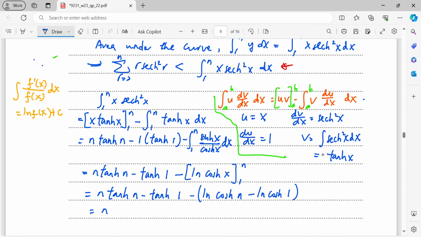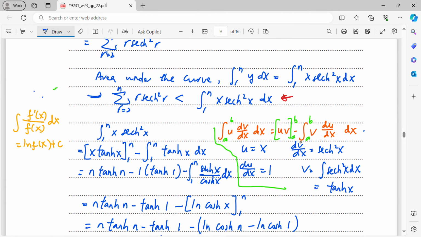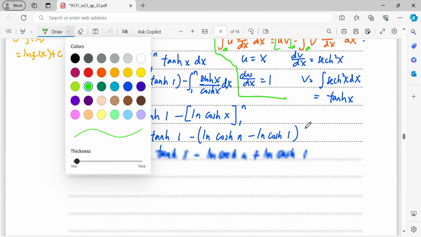Then here I'll get n tanh n minus tanh 1, then minus ln cosh n plus ln cosh 1. Okay, now check the answer. I have n tanh n, which is here.